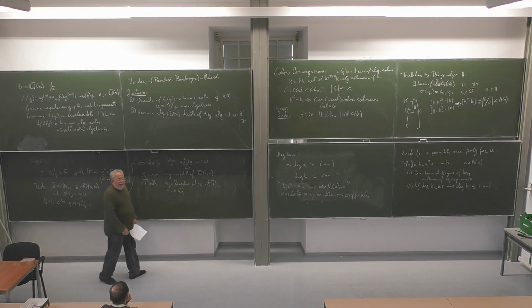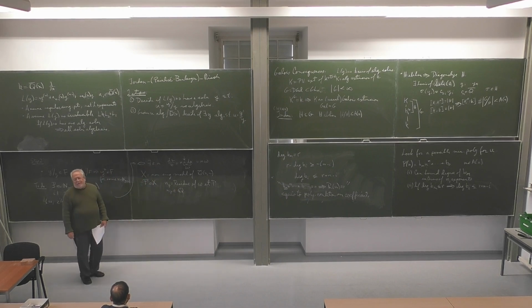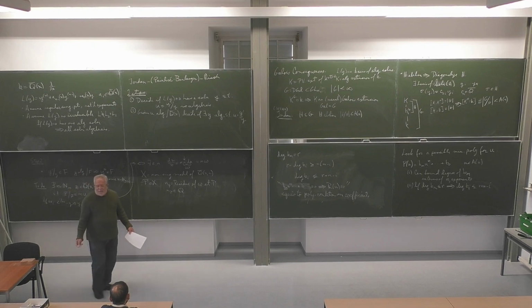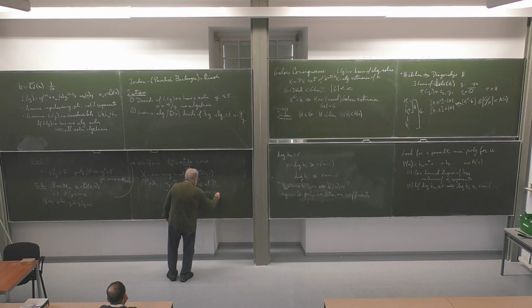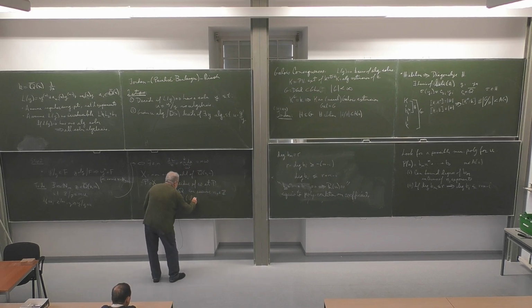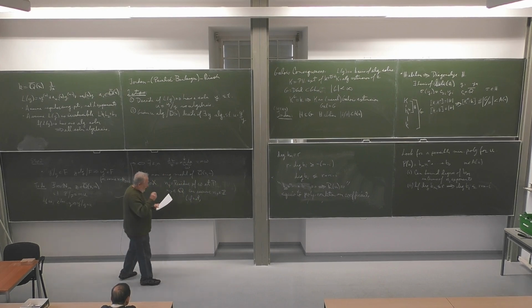And as a technical point, I can actually assume that it's an integer. That N sub P is an integer, and I don't want to check this at home.